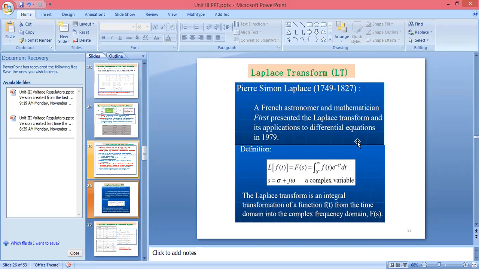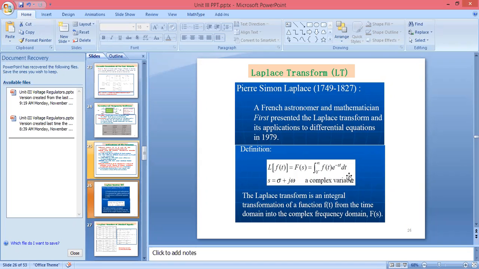So here we can say the Laplace method is used to solve differential equations specifying the performance of a complicated network. The solution to such a problem is time consuming, so we can use the Laplace transform to get the solution in a systematic way.